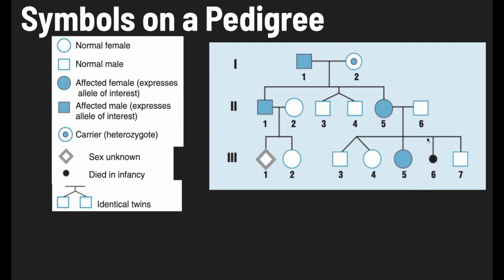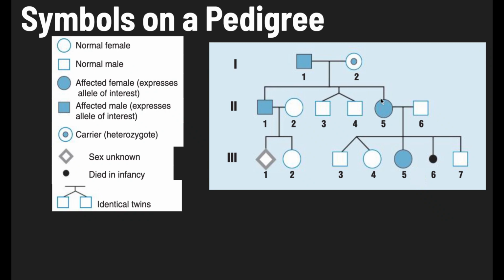Whenever you see a horizontal line connecting a male and a female, like this, that represents that they have produced children together. That's a couple who's produced children together. And when you follow the line down, this couple had a son right here.